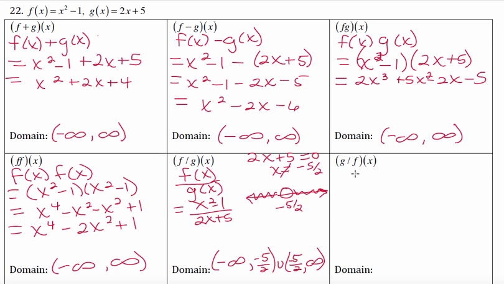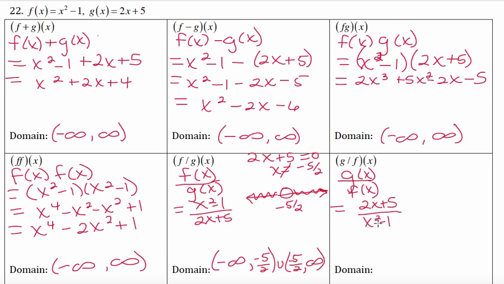Okay, finally we have g divided by f of x, which can be written as g of x over f of x, and that is equal to 2x plus 5 over my f of x, x squared minus 1.